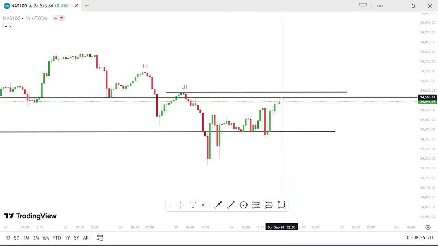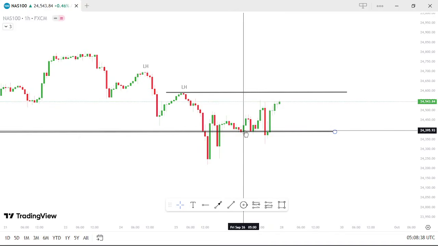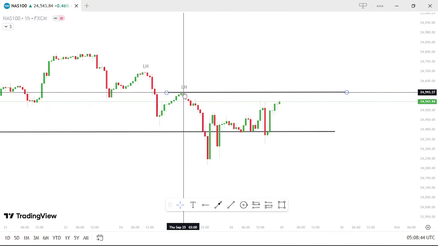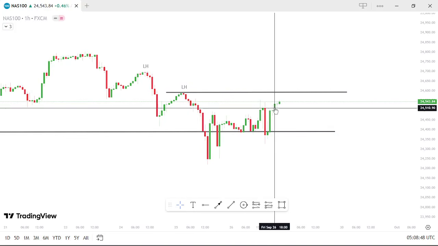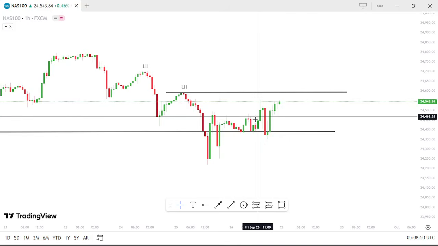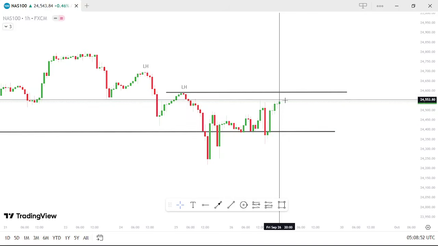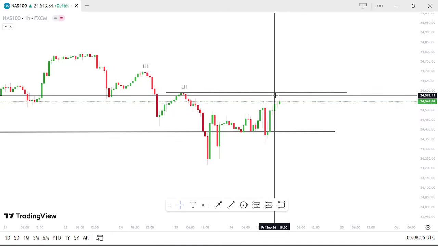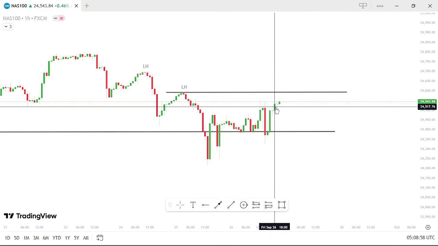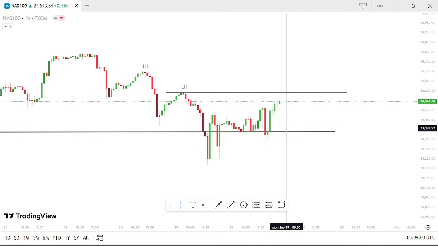Maybe it's going well for you right now, but it wasn't necessarily the best play, because you have to acknowledge that this high is still valid. So even if you get in here and price starts to move, you are going to be looking to see how price reacts to this zone. And if price doesn't break out of this zone, then maybe you're better off closing your trade or going risk free.